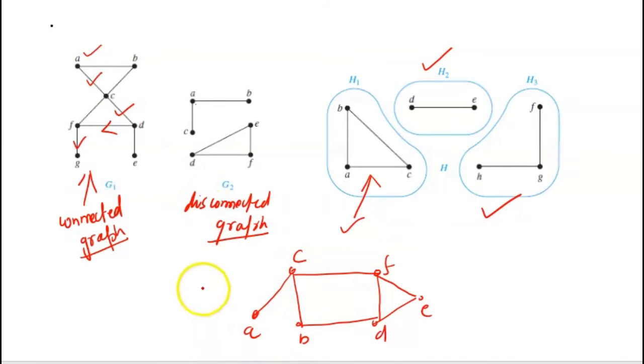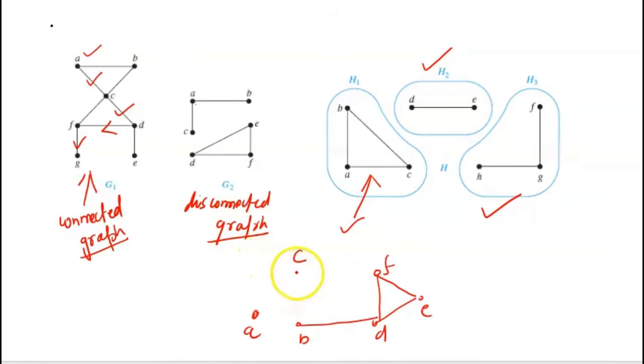But there is a problem here if we remove a vertex. Suppose someone says to remove the vertex C. When you remove this vertex C, you have to remove all the edges which are incident on C. Let me repeat this.